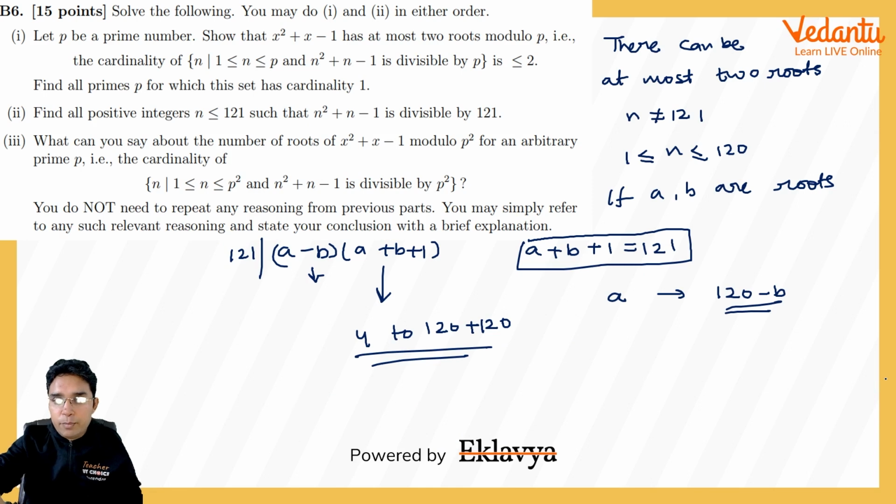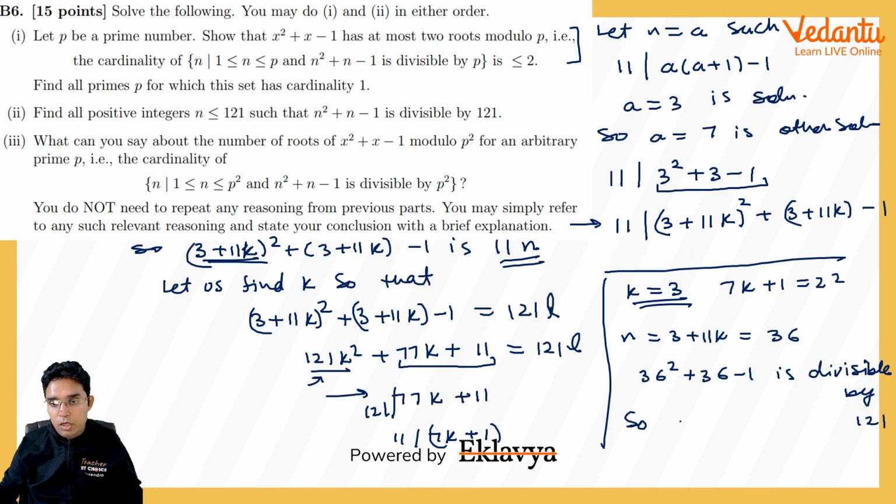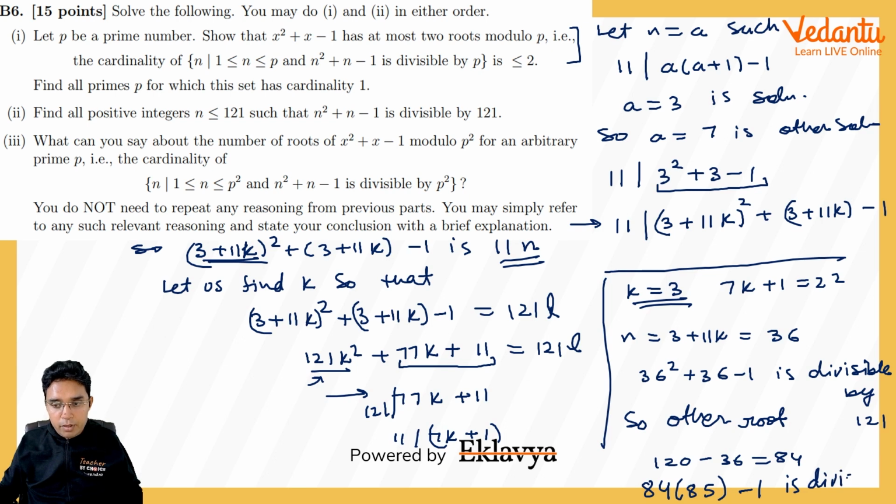And also, as I proved earlier, if a is a root, 120 minus b will be a root. The other root would be 120 minus 36, that is 84. And you can check that 84 square plus 84, that is 84 into 85 minus 1, is also divisible by 121.